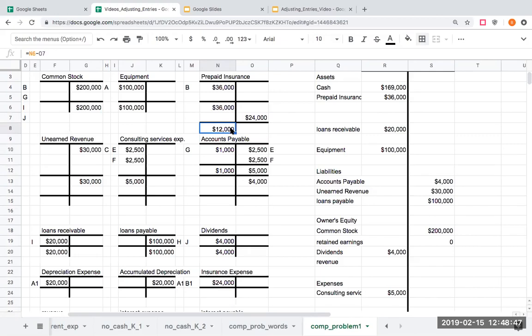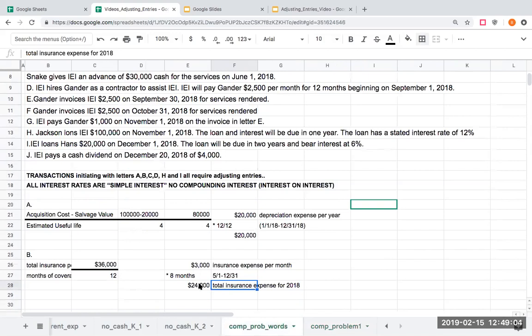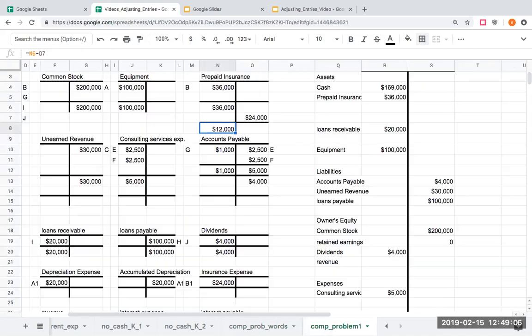Remember what we said, our expenses need to reflect the use of what we had in the period. The assets, or our prepaid insurance, need to reflect our future economic benefit. So right over here, does this $12,000 reflect our future economic benefit? And the answer is yes.